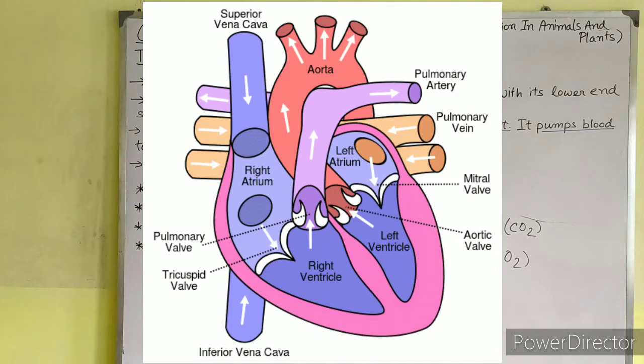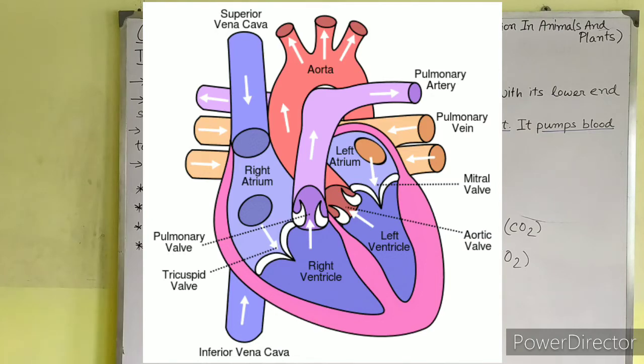You can see the pulmonary vein. It is shown in yellow color on both the right side and the left side of the diagram. So the oxygenated blood coming from the lungs enters the heart through the pulmonary vein into the left atrium.